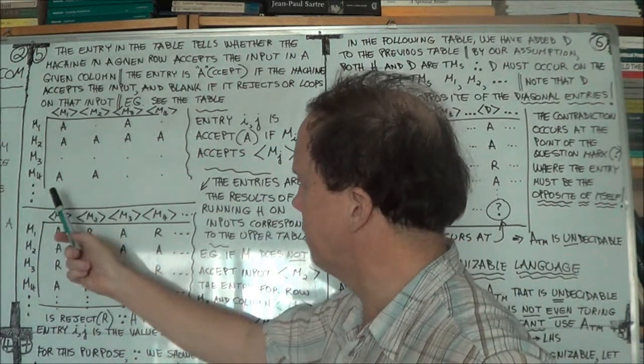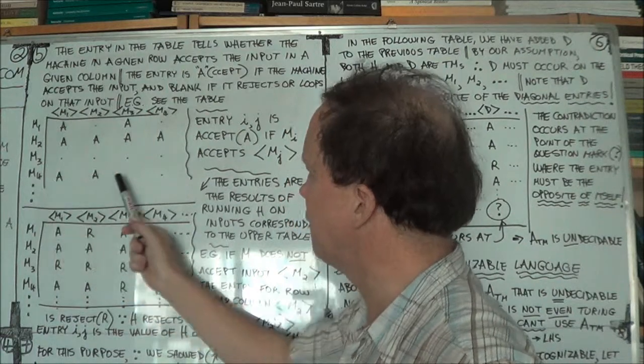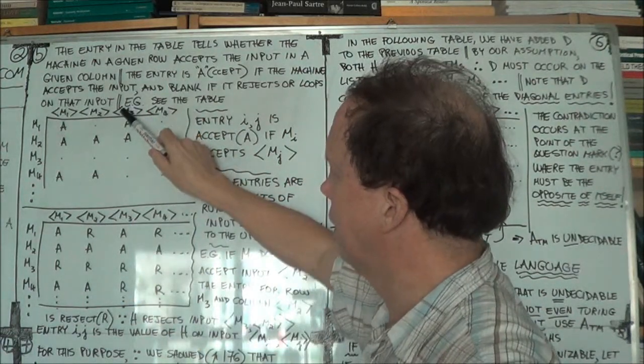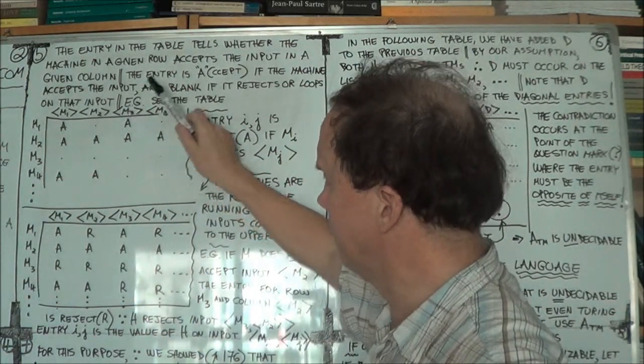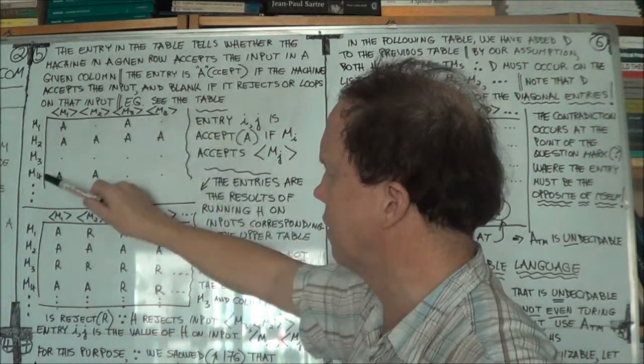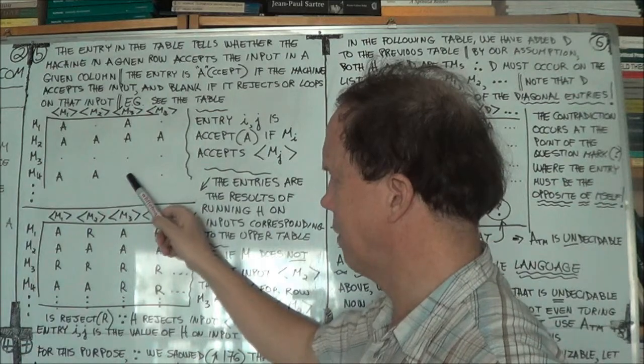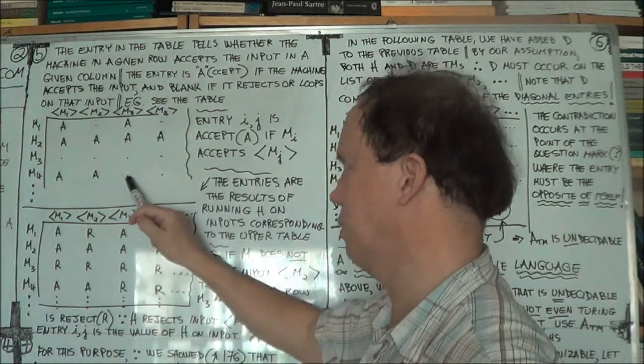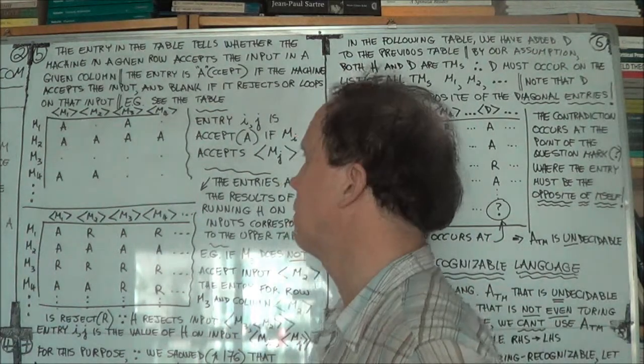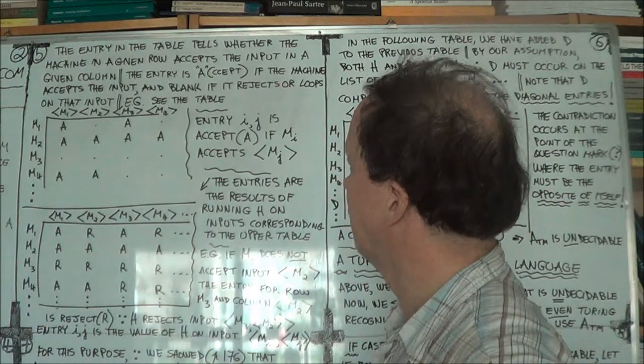So for example, if machine M4 has as its input string angular bracket M3, so that's the input string to this machine, it does not accept. So you just have a blank here. Well, I put a dot, just so it makes it less confusing. Right?